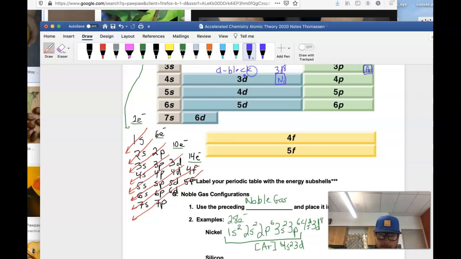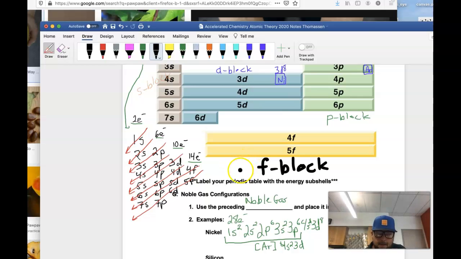Similarly, all the ones that you put in a p electron last are called the p block. And if the last one you put in is an s electron, yes, you guessed it, that is the s block. And if it happens to be an f electron, that's the f block.